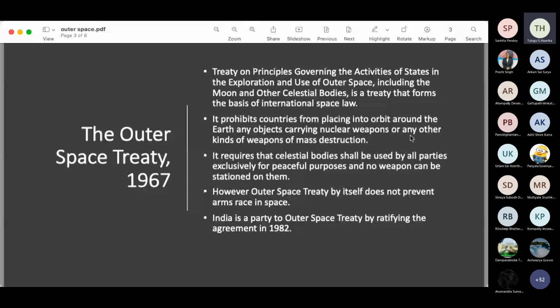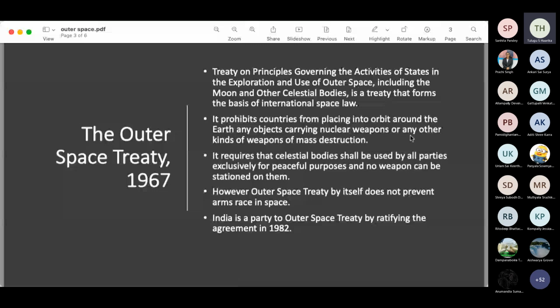So the treaty was approved in order to regularize various aspects. And this was a landmark, an established legal regime of outer space. So what are the constituents, or the very idea or content of this treaty, basically?